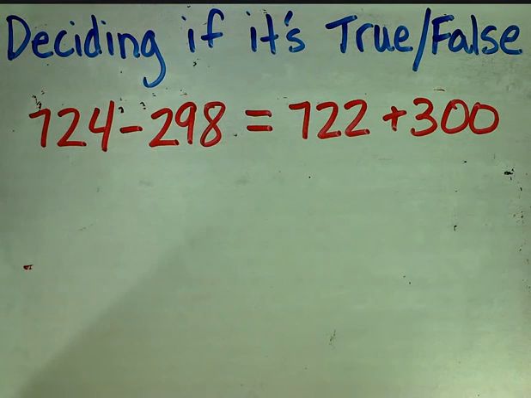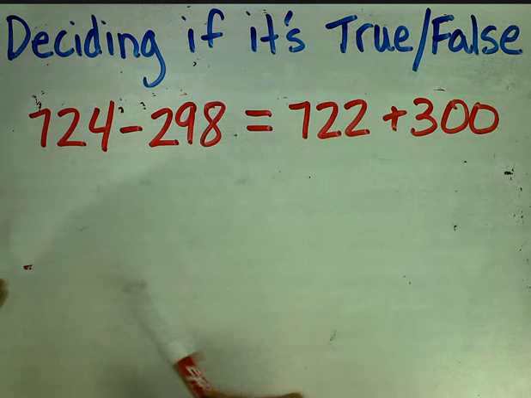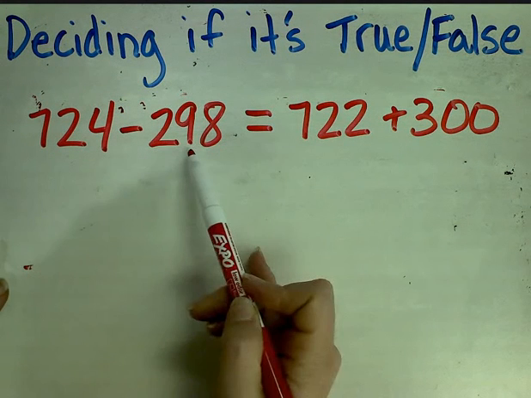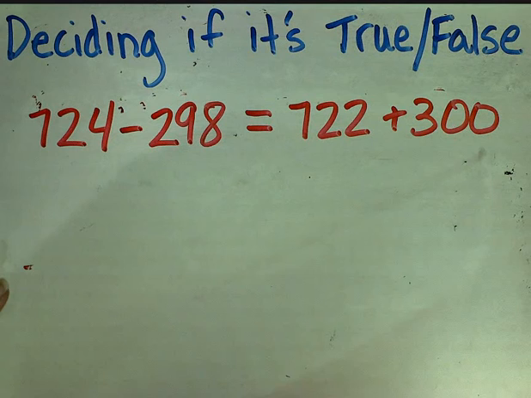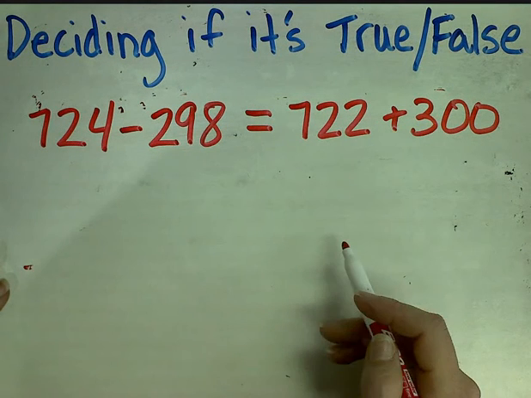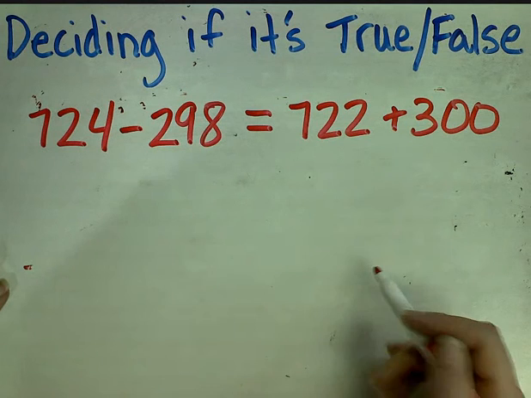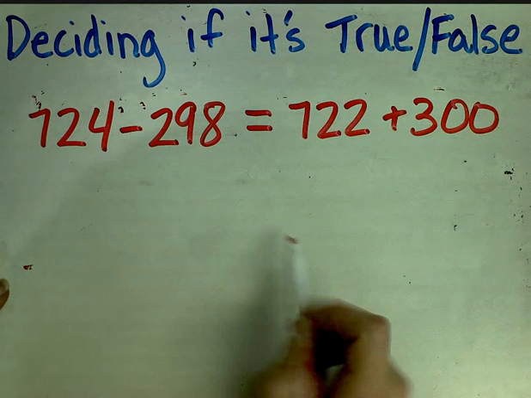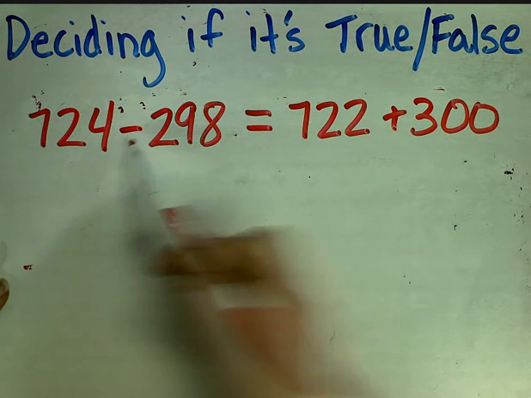Now again, many students may use a strategy and solve this first equation and then solve the second equation to find out that the two answers are not equal, that this is false. Other students, though, may look and notice that this one is subtraction and this one is addition.